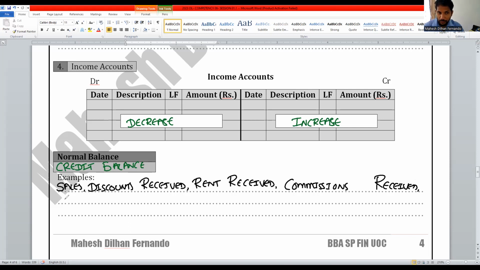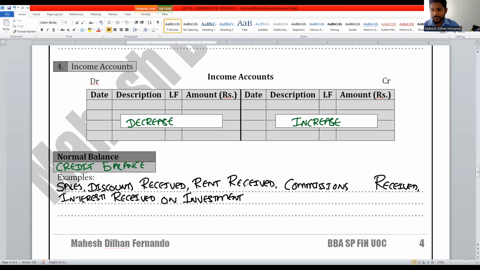Interest received on investments. Examples of incomes. Got it? Here we have the normal balances. Also, these are the examples of incomes.